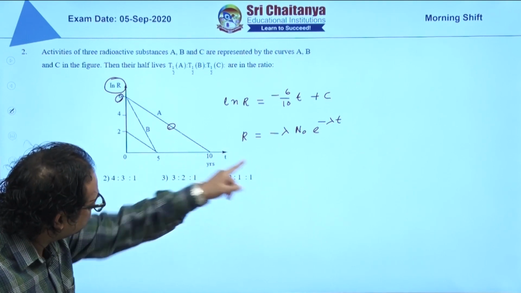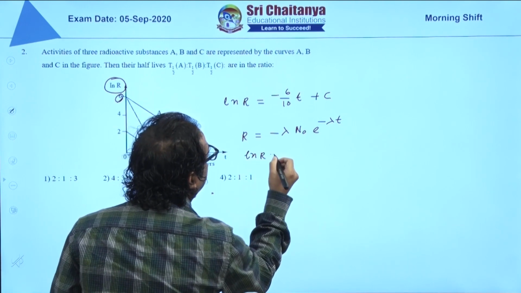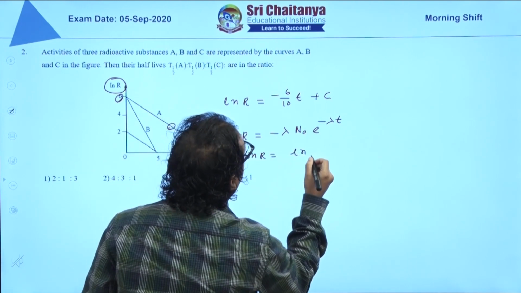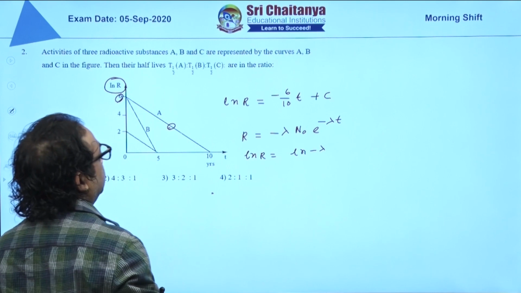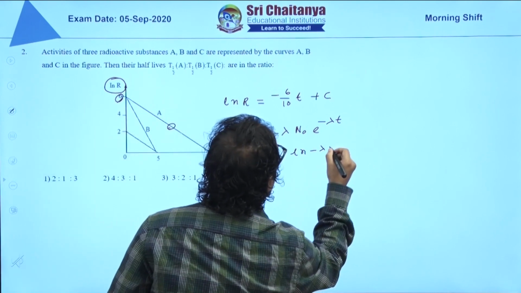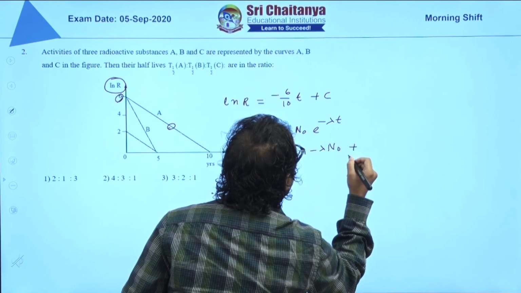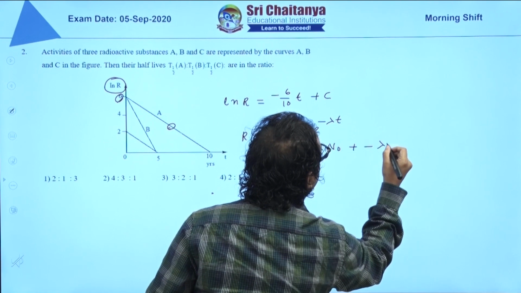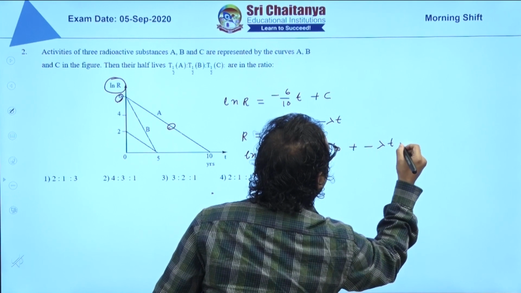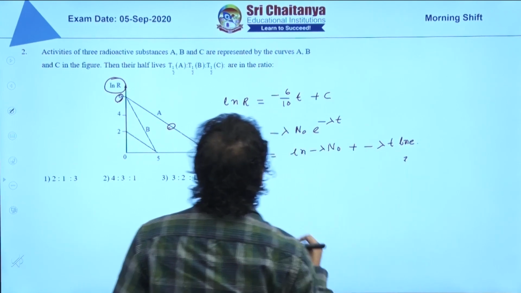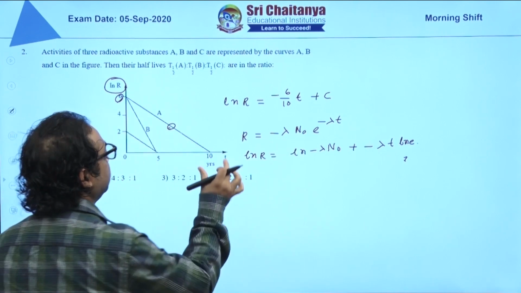So take logarithm both sides. We are getting ln R is ln of lambda N naught plus negative lambda t into ln e. We need not take the negative sign, because we just want to find the magnitude.